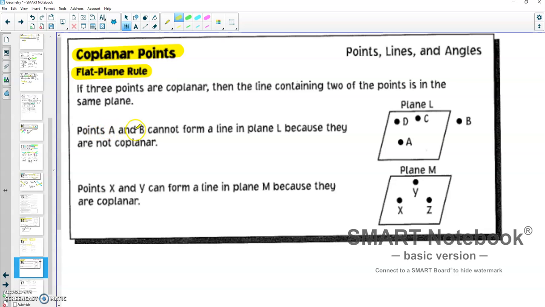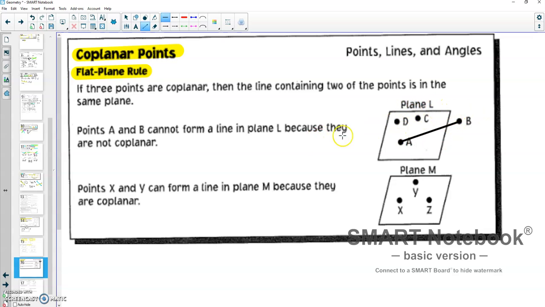Point A and B cannot form a line in plane L because they are not coplanar. Let's look. If I drew a line from A to B, is my entire line inside the plane?